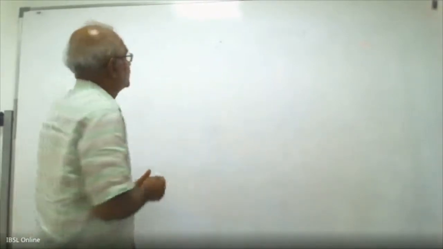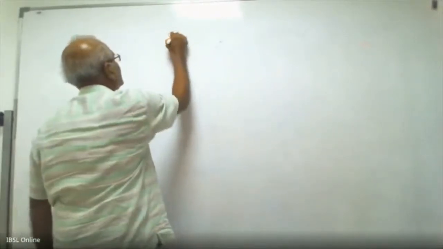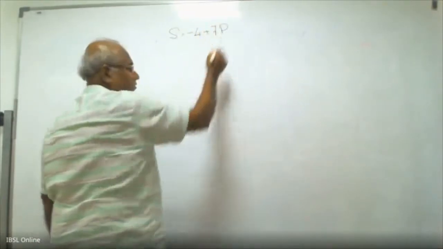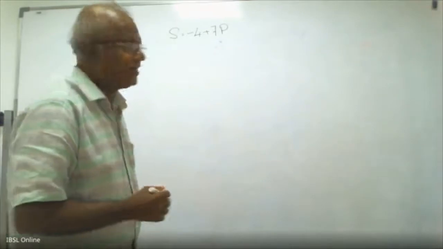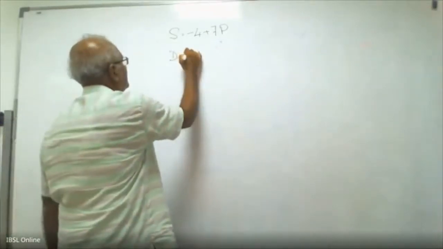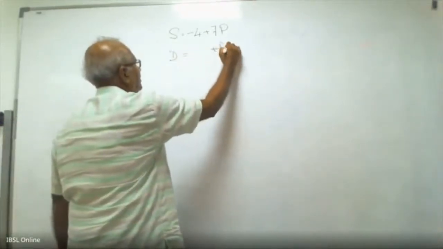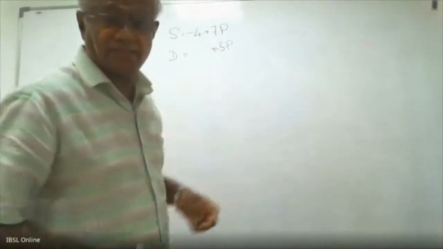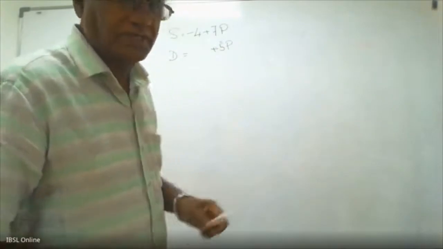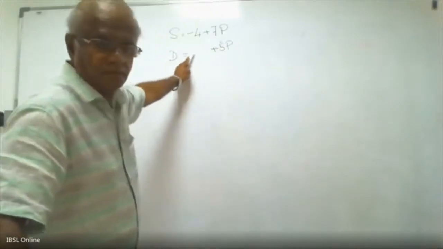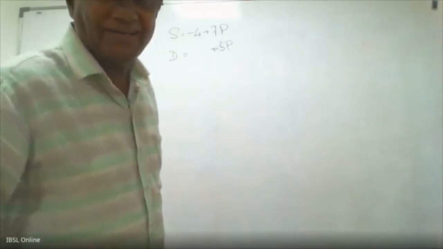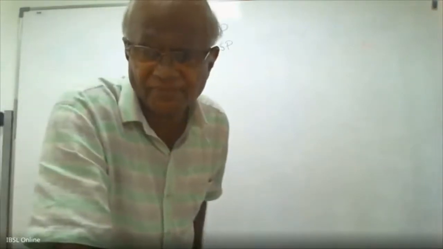Supply curve, quantity supplied, minus 4 plus 7P. Quantity demanded, minus 5P. What is this number here? What is the intercept?